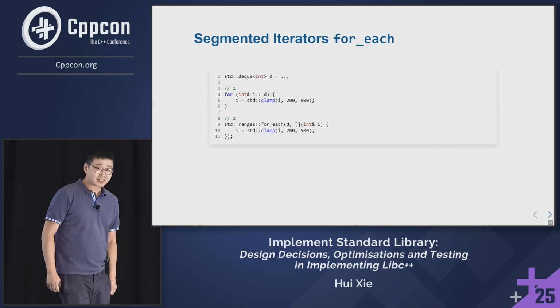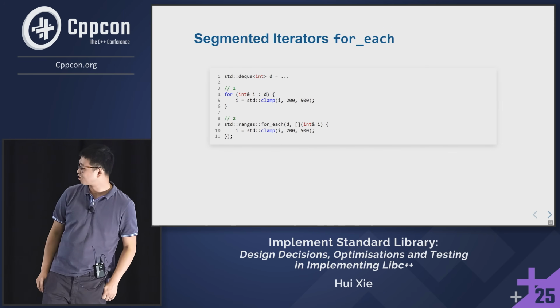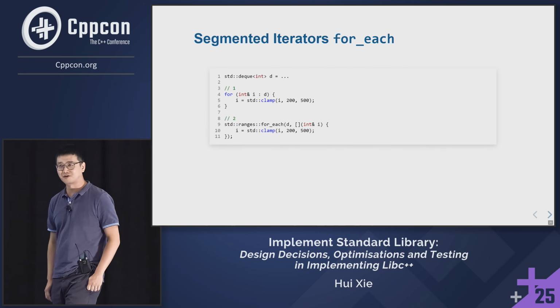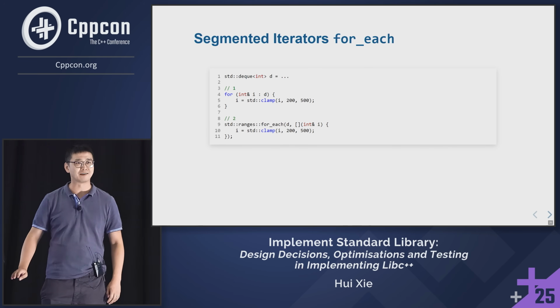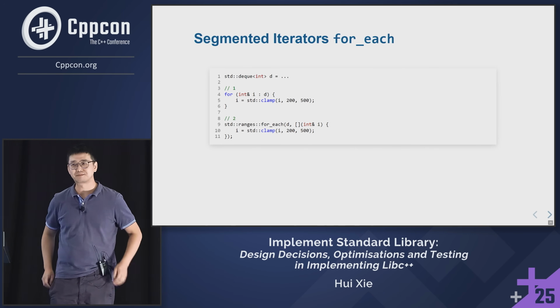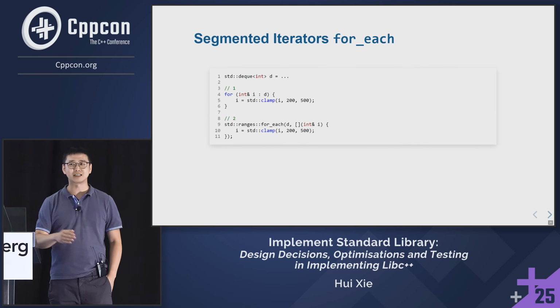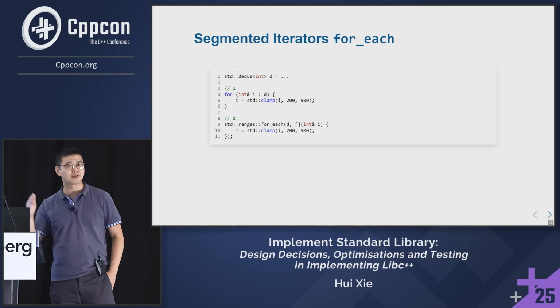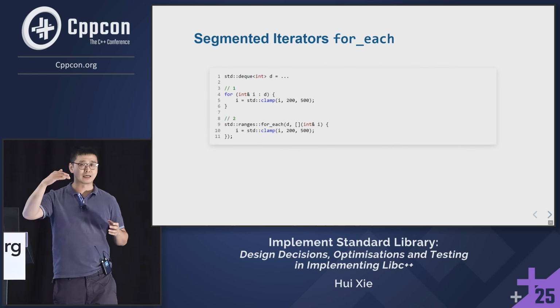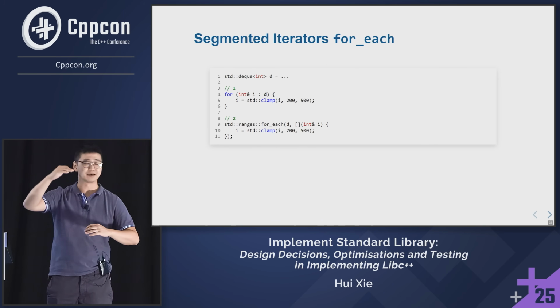So now I'm going to move the topic to algorithms. And the algorithm I'd like to talk about first is for_each, the simplest ever algorithm. Imagine I have a std::deque, right? And all I want to do is iterate through all the elements and modify each int to apply a cap and a floor, just clamp it.